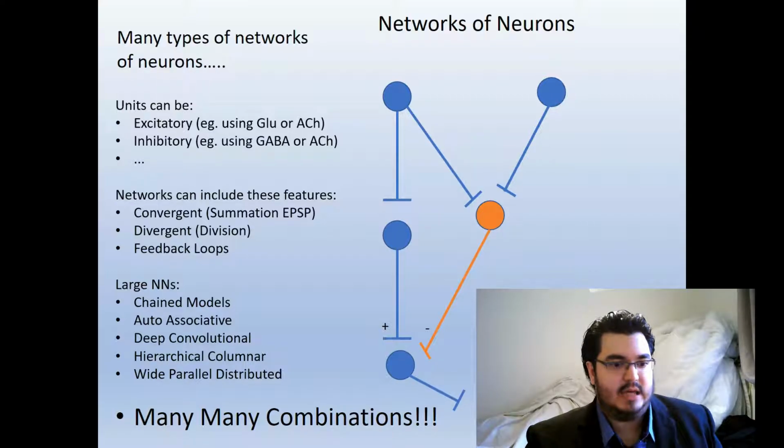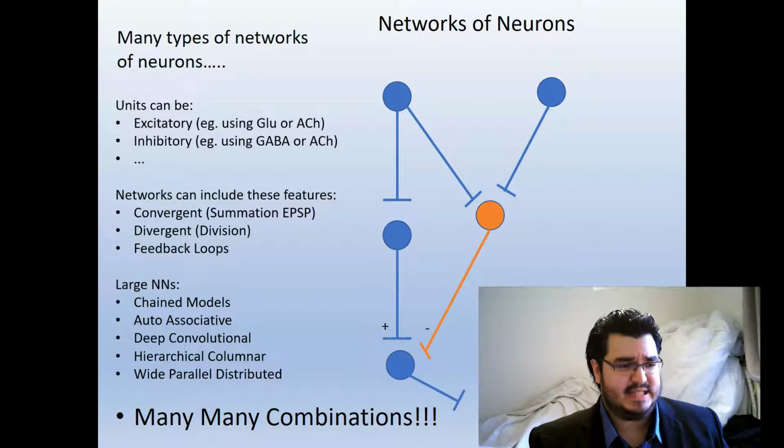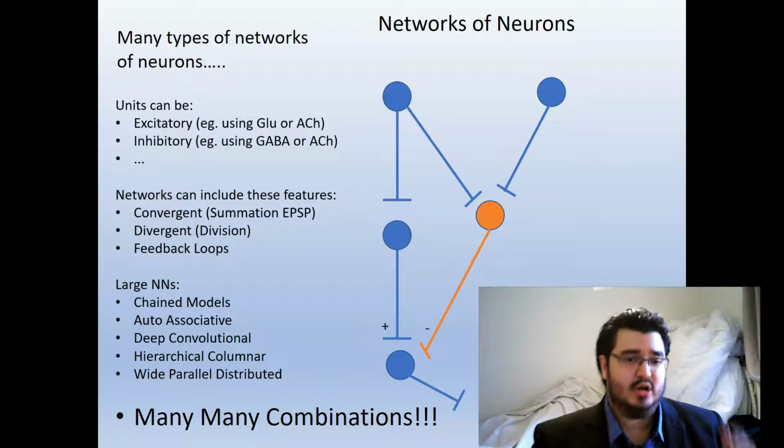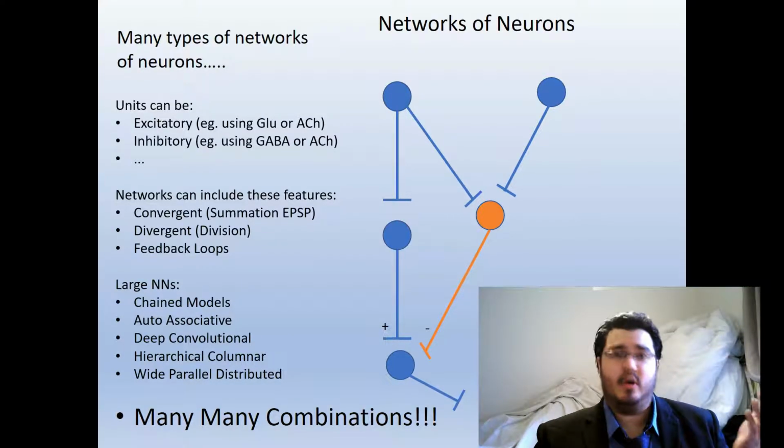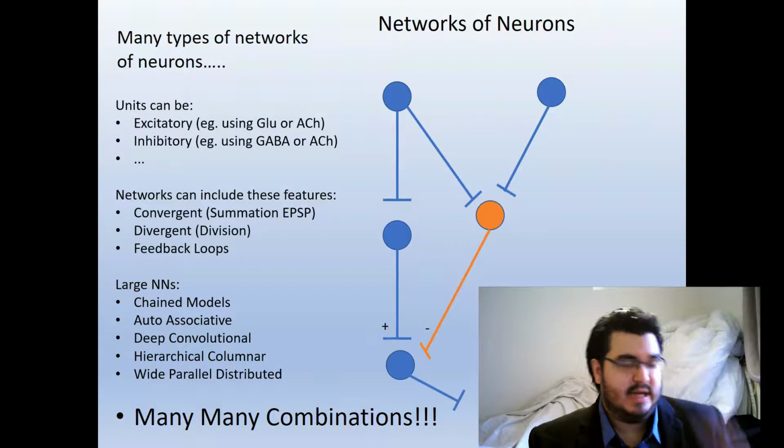I mean, these are just 5 neurons, and you can connect them in thousands of combinations. Just add a few more neurons and a few more connections, and it gets a lot more complicated, let alone 100 billion neurons with 100 trillion connections. That is mind-blowing, I would say.